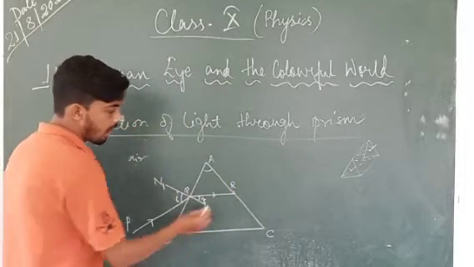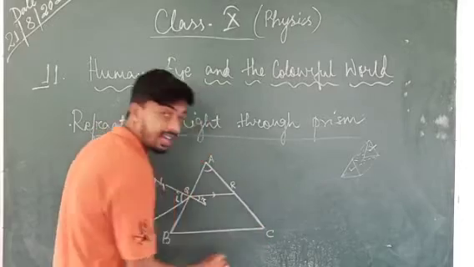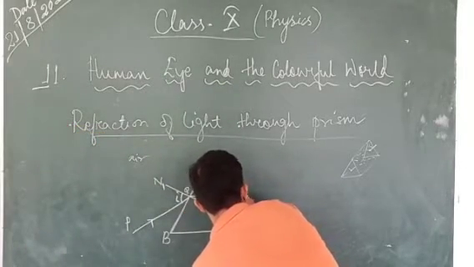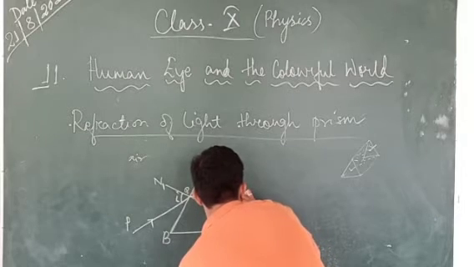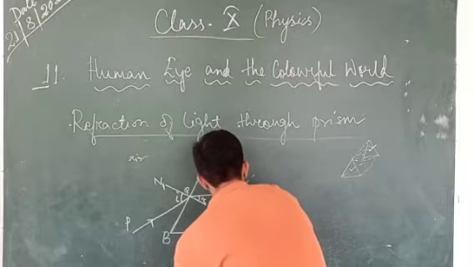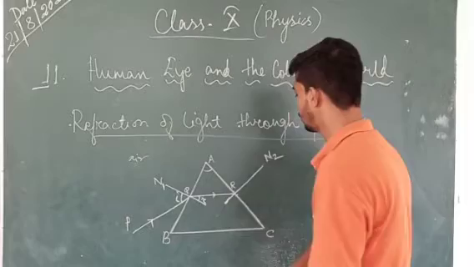So again we have to draw another normal on the second side AC. I am drawing the normal here. This is our normal number 2.